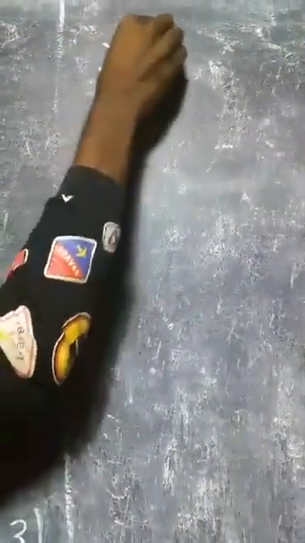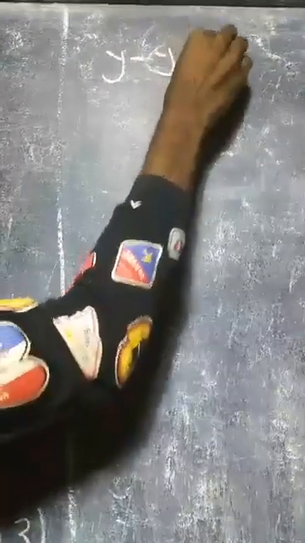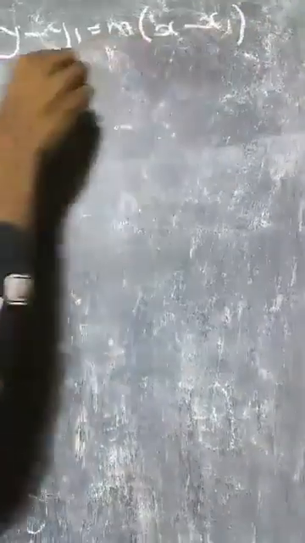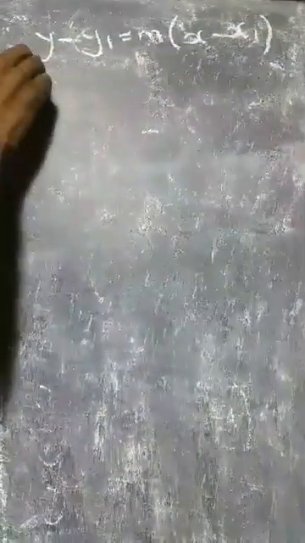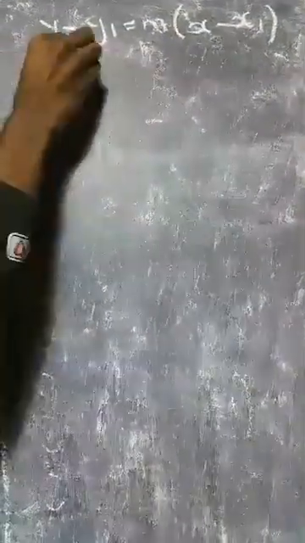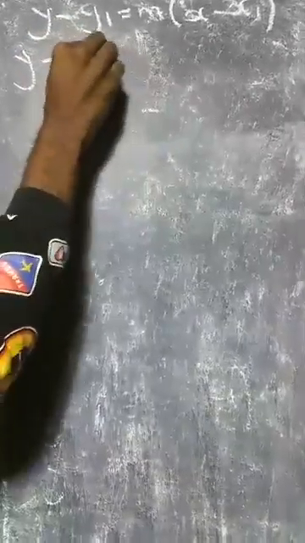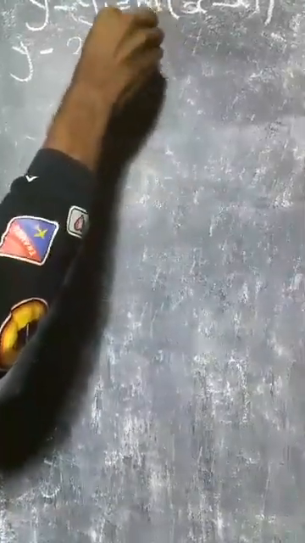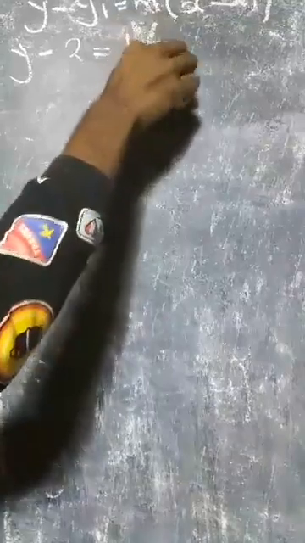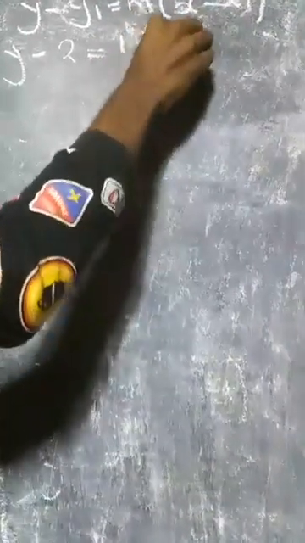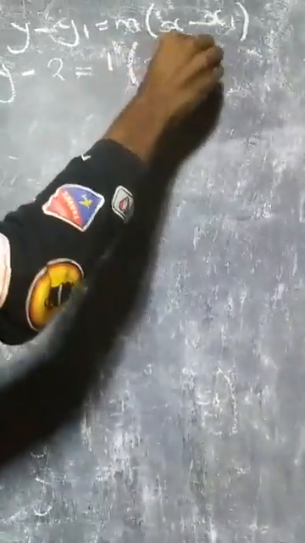So let's find our equation. So y minus y1 is equal to m(x minus x1). y1 is of course a 2, is equal to our gradient, which is a 1, open brackets, x minus x1, which is a 3.